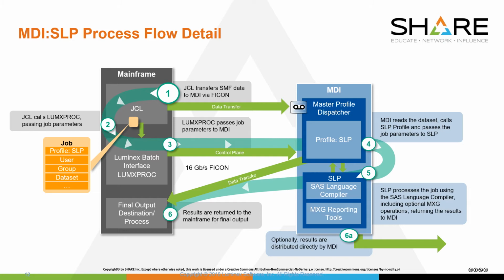You're going to create all of your final output, and then that output can either stay out there, it can be shipped out as a PDF or any other format that you're using today via email, or you can send it all back to the mainframe, create data sets there the way you do today, or just send everything into SDSF. So it's really a pretty simple flow. Everything is still happening on the mainframe, still controlled by the mainframe, with the exception of the actual SAS execution, and then all the outputs coming back to the mainframe.